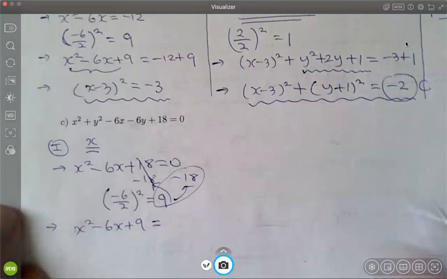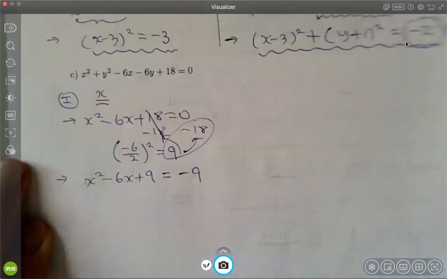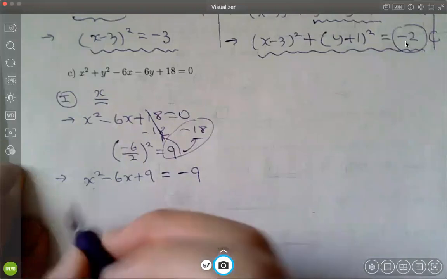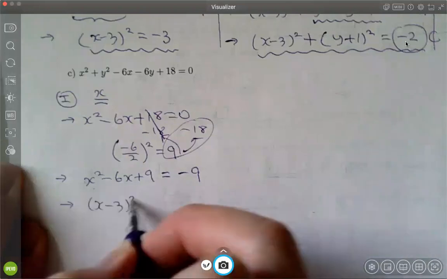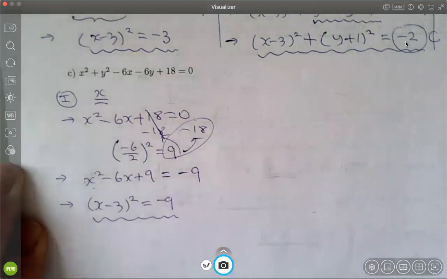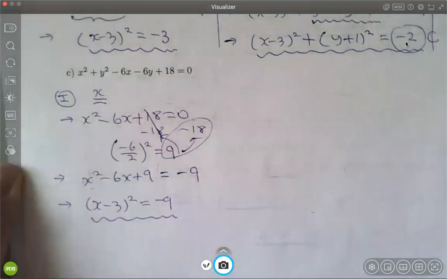And what is that? Negative 9, right? You see that? Okay, and the left-hand side can be factored into what? X minus 3 squared is equal to negative 9. Does it make sense?